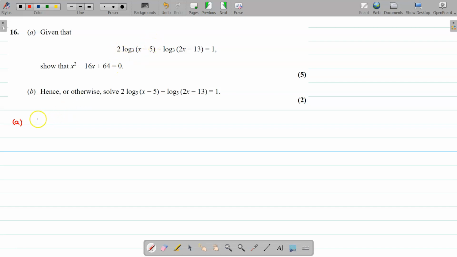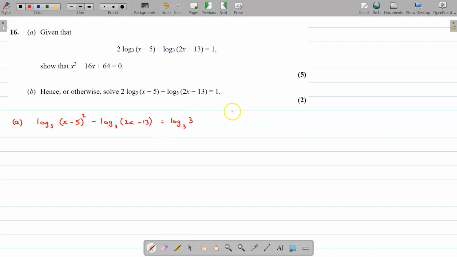So I've got log to base 3 of x minus 5 squared, minus log to base 3 of 2x minus 13, and that equals 1, which of course is log to base 3 of 3.